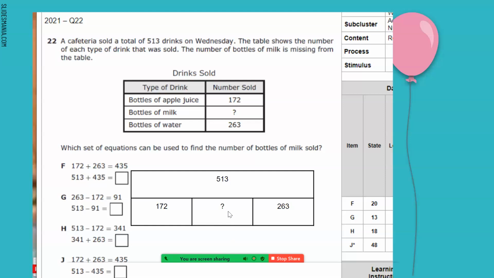And I know that typically a missing part is subtraction, but I have to do something first. Before I can subtract these two from this, I need to put these two together, don't I? Because I don't see over here where we start with 513, we take away 172, then we take away 263. I'm not seeing that, but it could be there, so let's look.